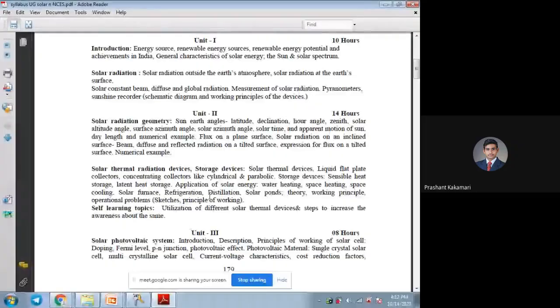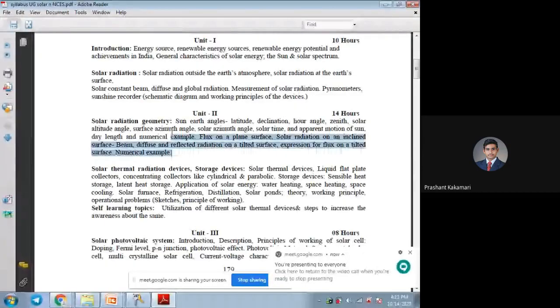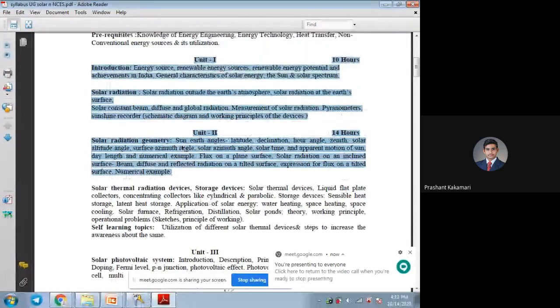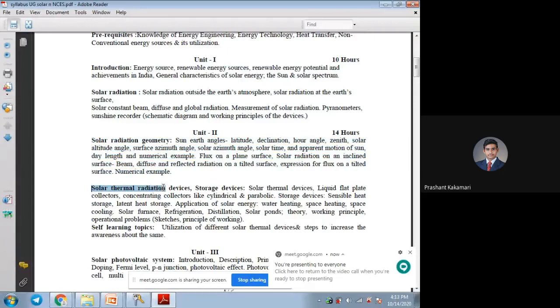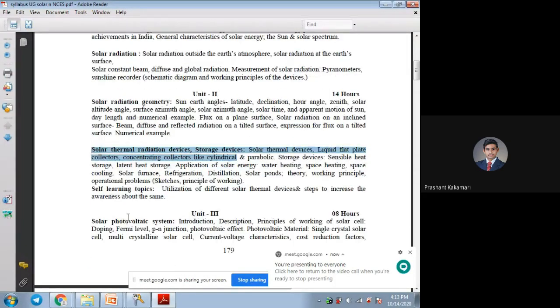Yes, unit 2 is only up to here. The syllabus for the first IA is unit 1 full and unit 2 solar radiation geometry full, up to here. Solar thermal devices, storage devices, and PV systems will be kept for the second IA.